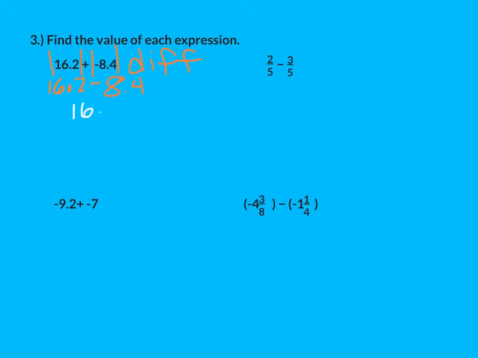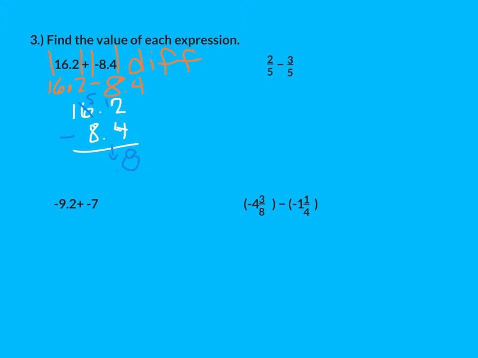Whenever I add or subtract decimals, I always make sure that I've stacked my decimals on top of each other, otherwise they won't work at all. Now the first thing I should notice here is that I can't take 4 away from 2, so I need to borrow from the 6. That becomes 5. This becomes 12. 12 minus 4 is 8.